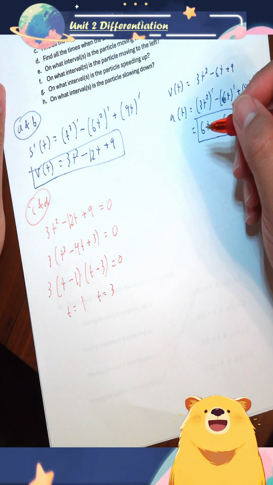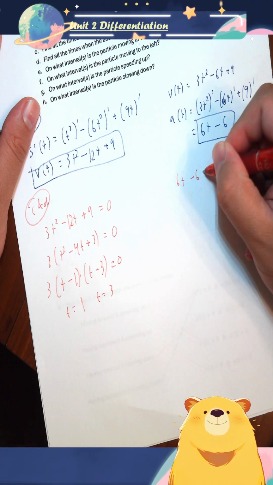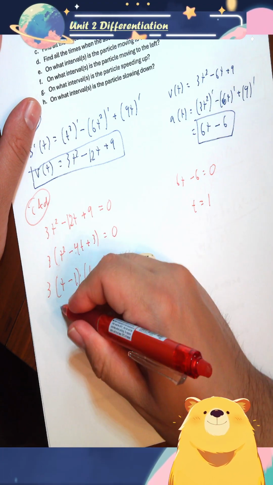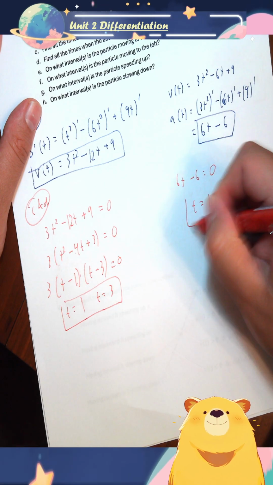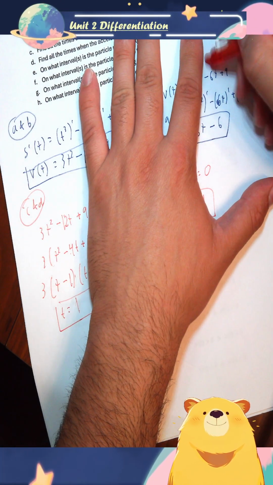Now for the acceleration, that's just pretty plain to see. That's going to be when t is 1. Oh, but then I messed that up too.